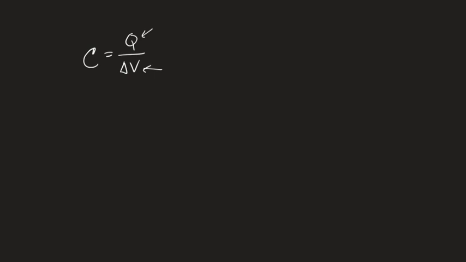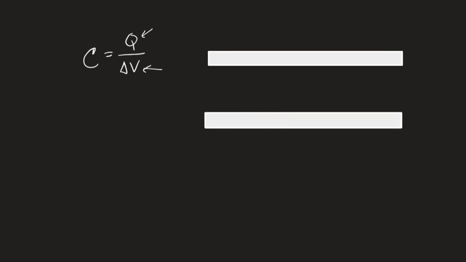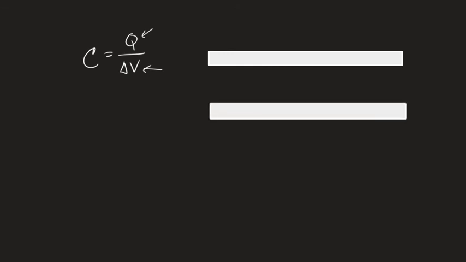So let's start with a parallel plate. And I'm going to draw this in 2 dimensions because it's the best I can do. Parallel plate must have 2 uniform plates. So my parallel plate capacitor has 2 plates that overlap.